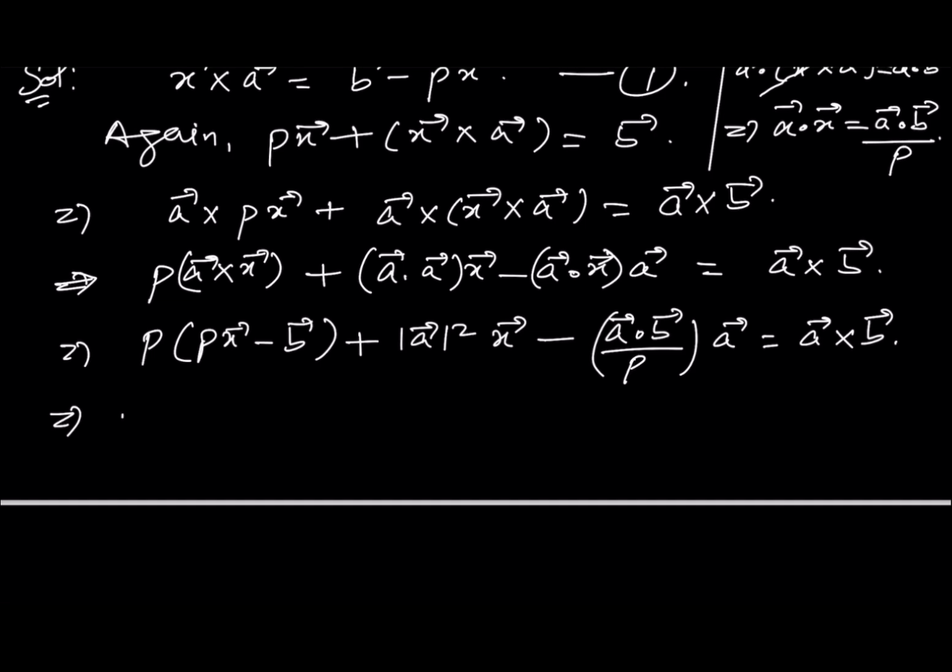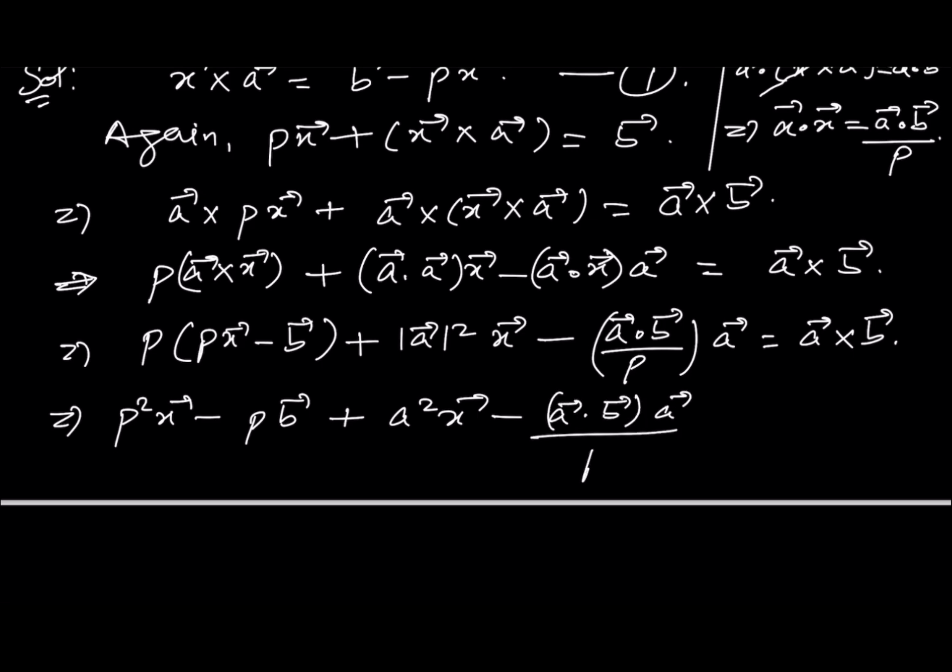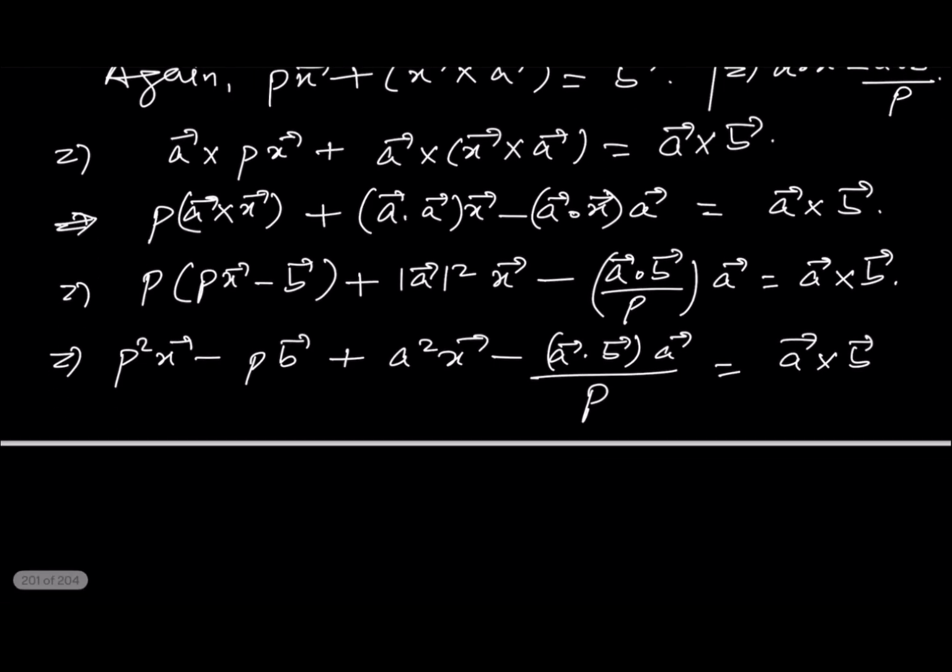In next step, this will be p square x minus p B vector plus simply this is A square x vector minus A dot B times A vector by p is equal to A cross B. Okay, now take all terms having x vector to one side and remaining to other side.